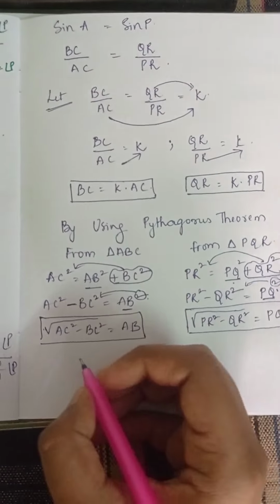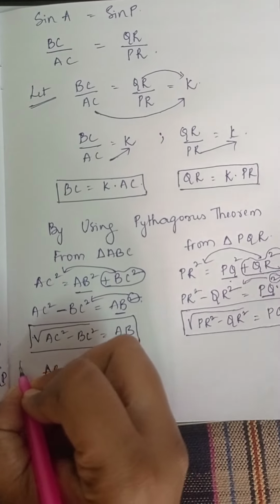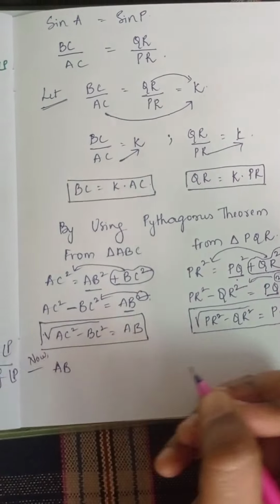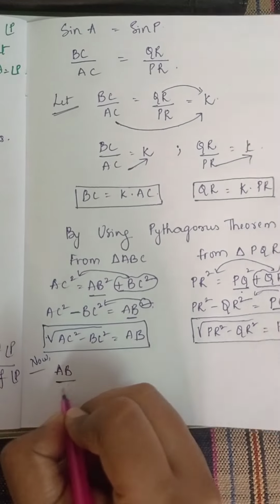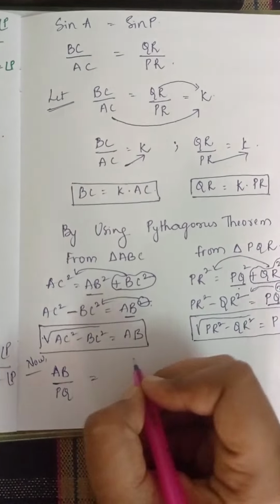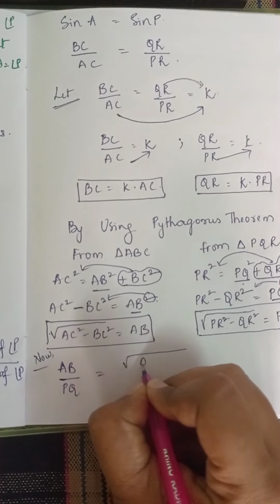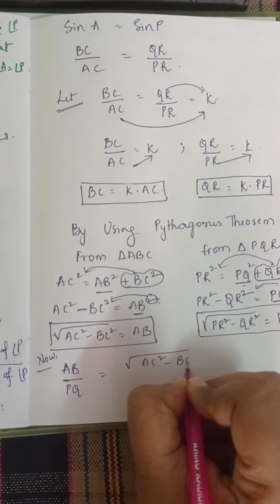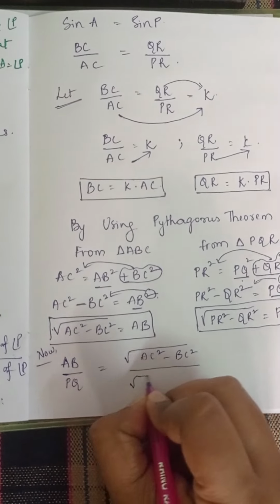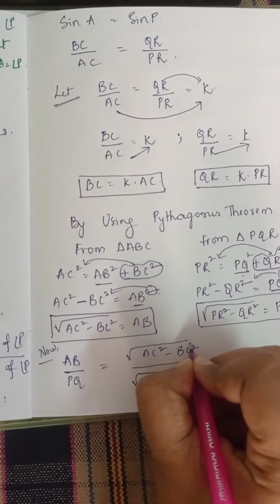So by dividing these two, we'll get AB by PQ. Substitute the values: root of AC square minus BC square by root of PR square minus QR square, right?